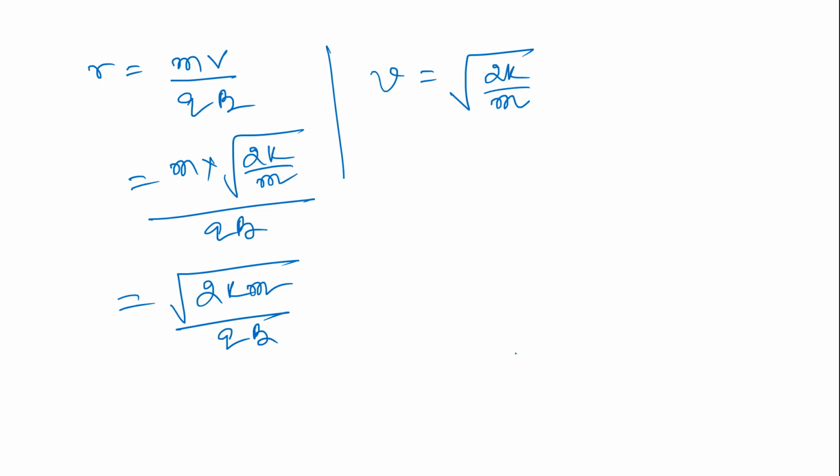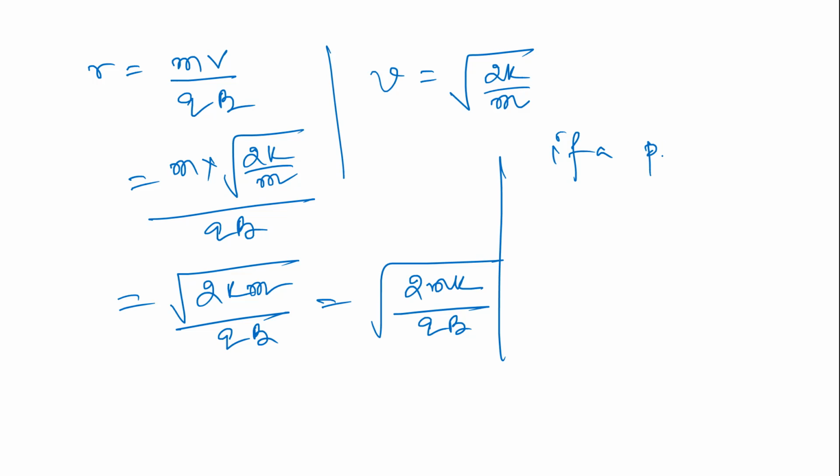This is a new expression, right? So you can write it down as root over 2mK divided by qB in that form also, right? Now if the particle is being accelerated, that means we have applied a potential of V. If a potential V is applied, then what will happen?